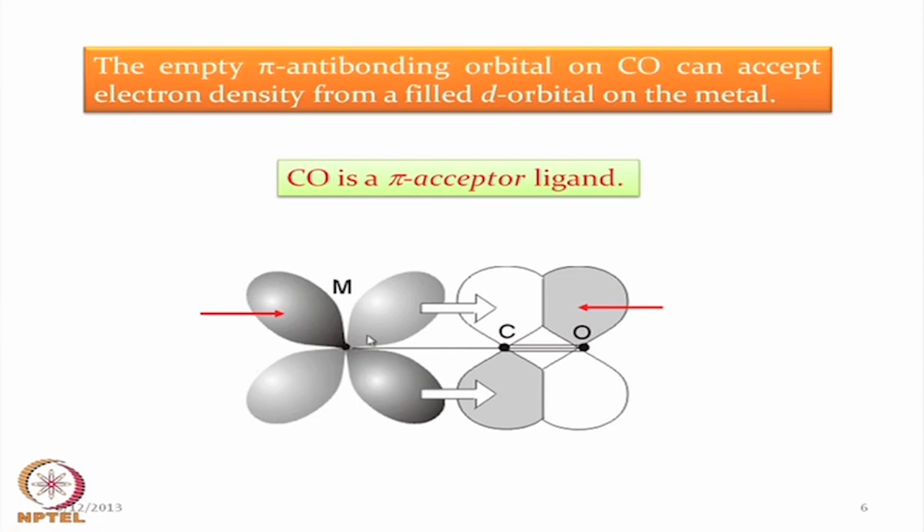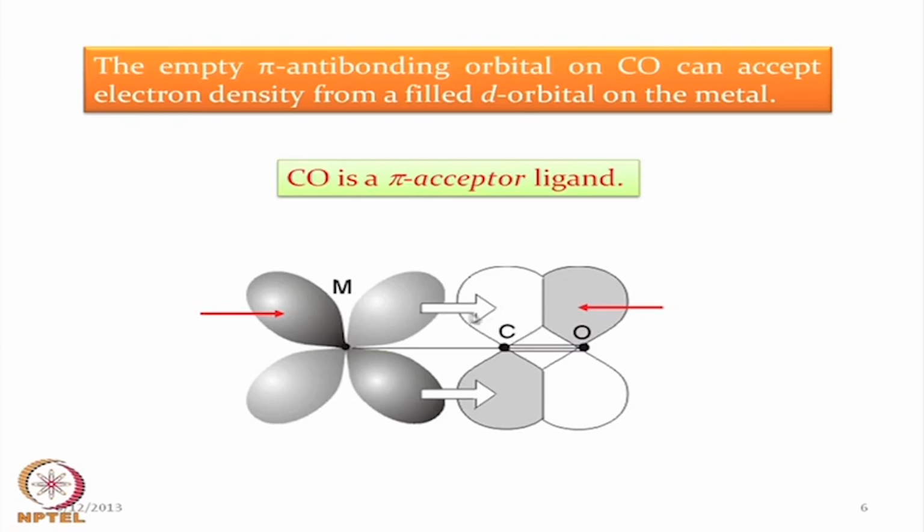So, whenever we have a ligand on the metal, with some electron density in the t2g level, we always expect some push of electron density from the filled metal orbitals to the empty ligand orbitals of pi star type.